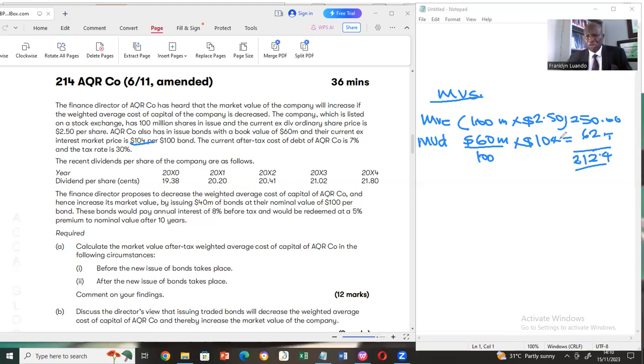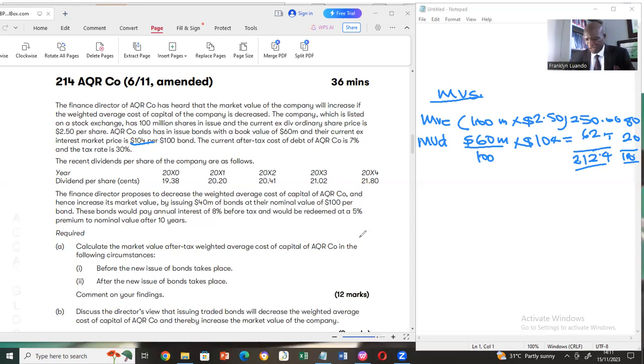The proportion of 250 upon the total is 80%, and the proportion of the debt over the total is 20%. This should come back to 100. We have found the market values and the proportions, or the weightings rather.